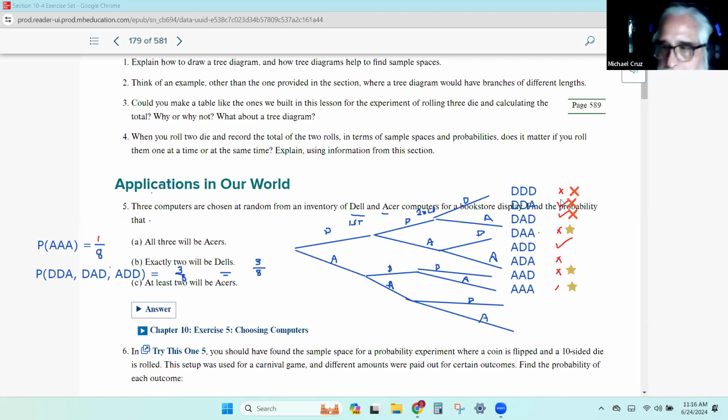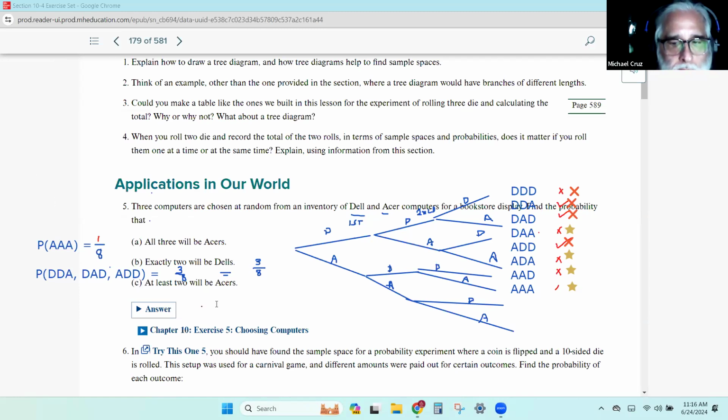All the rest of these, this one and that one, only have one. Oh, that one is two. Okay, I should have done that one. So two Acers, two Acers, two Acers, three Acers, all of those at least two. So then that's four.